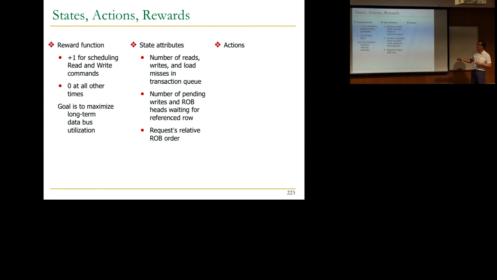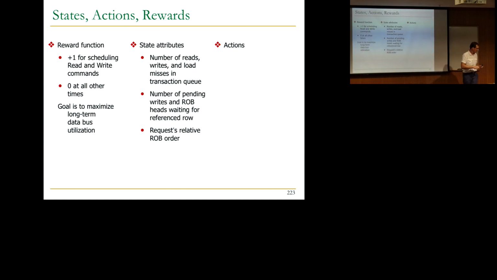And request relative order in the reorder buffer. That turned out to be important also based on our feature selection mechanism. So if it's really far away from the head of the reorder buffer, basically, it's not the oldest instruction. Maybe it's not as important, but if it's closer to the head of the reorder buffer, if it's one of the oldest instructions, maybe it's more important. We don't know exactly, of course, how the machine learning algorithm behaves, right? This is a black box.